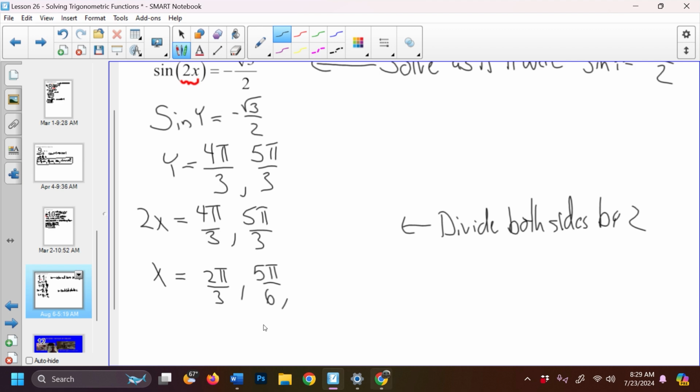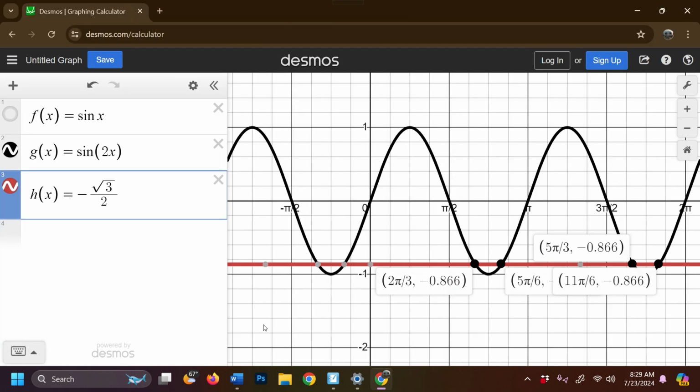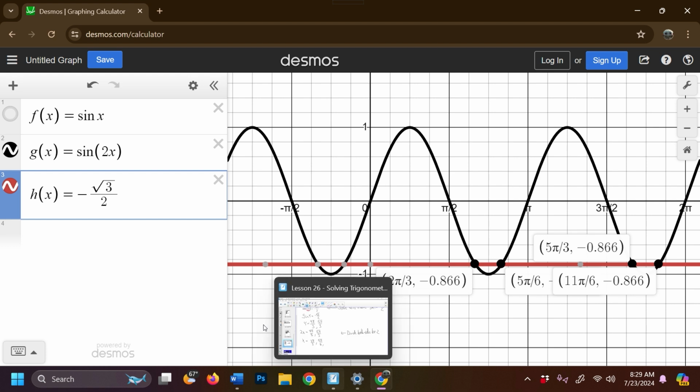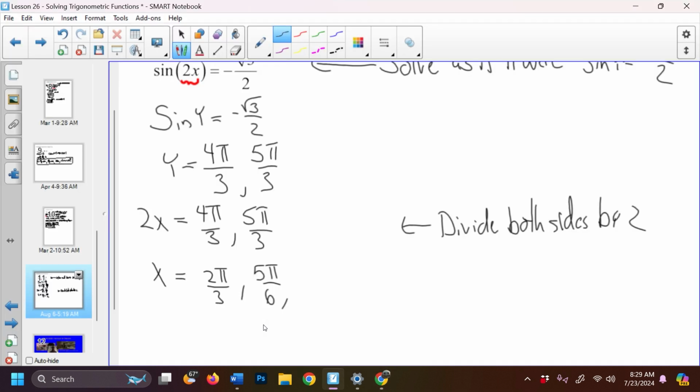Now, if we go back to Desmos, we see 2 pi over 3, 5 pi over 6. But I also need 5 pi over 3 and 11 pi over 6. So how do I get those? Well, we do multiples of the unit circle up here until we get enough solutions. If I added 2 pi to 4 pi over 3, I would get 10 pi over 3.